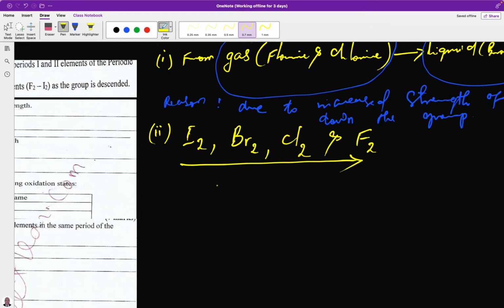Again, the oxidizing ability decreases down the group, with elements of the group having a high ability to take electrons from those below.